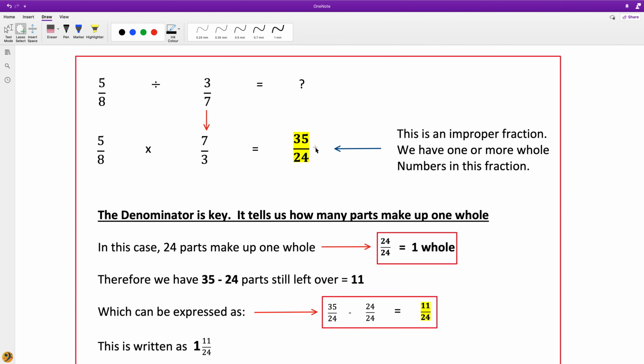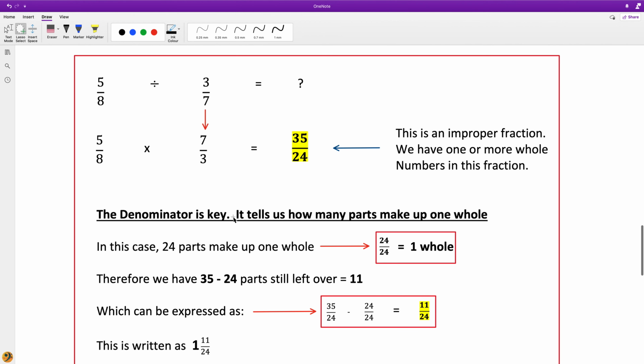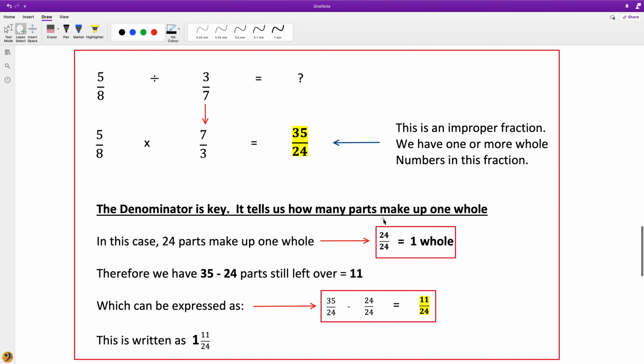Once again, because our numerator is higher than our denominator, we have at least one, or it could be more than one whole, but we know we have at least one or more whole numbers incorporated into this fraction. Remembering another very important rule, the denominator is key, and in this case it's 24, which tells us how many parts make up one whole number.